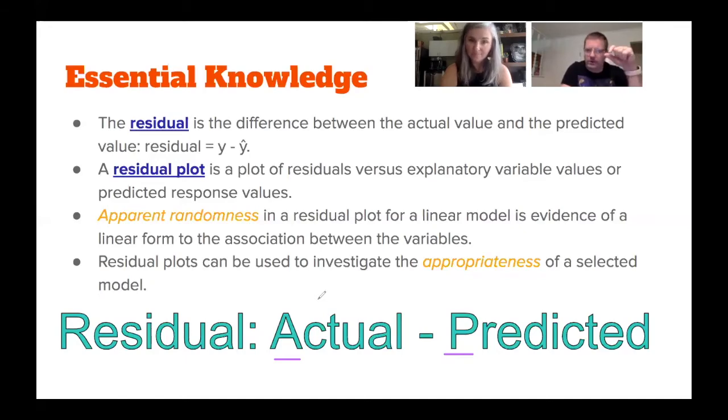That's the whole point of this. If we see some things in that plot of our errors, then we know we can do better. We can look at the residual plot to make a decision about the appropriateness of our model. We'll get to that later.